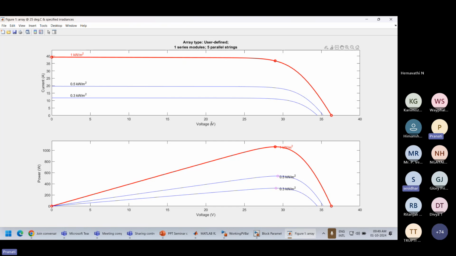Similarly, this is our current and voltage curve. We can see that at the maximum power point, voltage is 29 volt and the y-axis represents 36 volt, the open circuit voltage of 36.75.